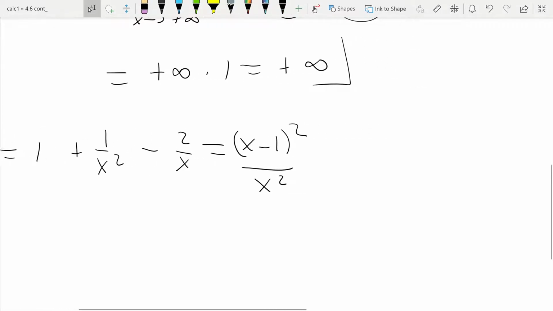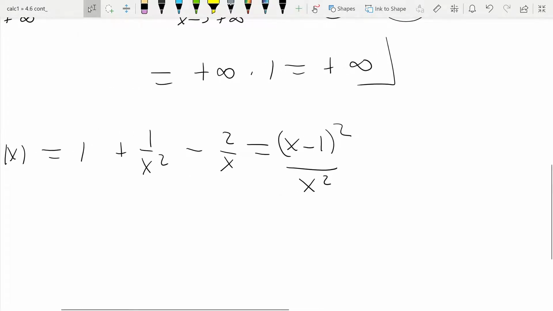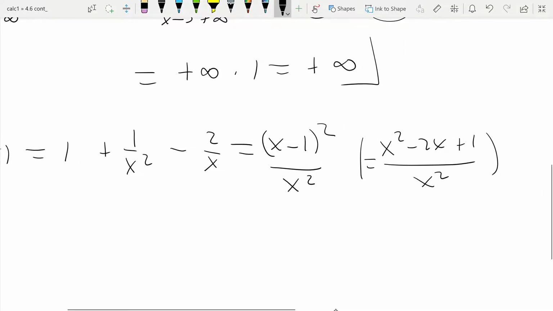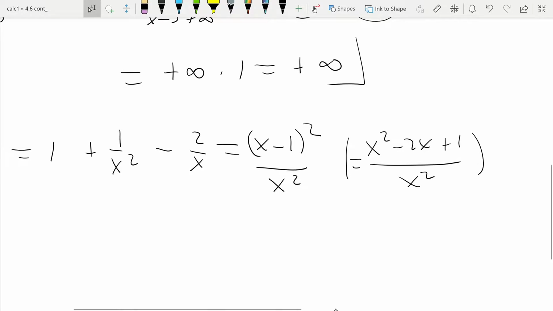If you don't believe that, you can expand x squared minus 2x plus 1 divided by x squared, and separate this into 3 terms: x squared over x squared, which is 1, minus 2x over x squared, which is minus 2 over x, and plus 1 over x squared.